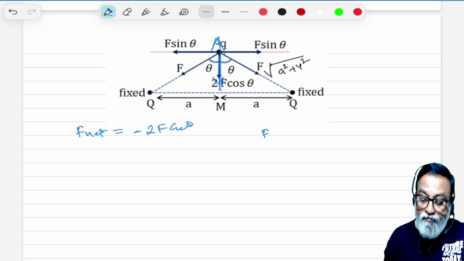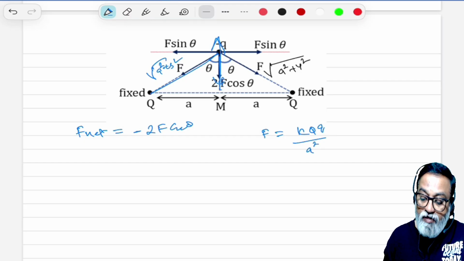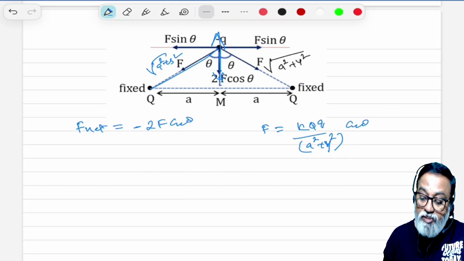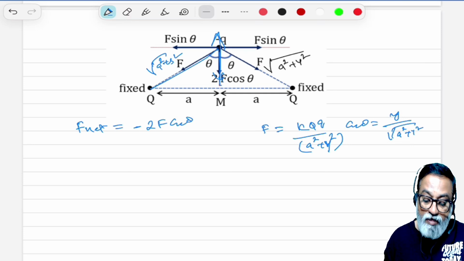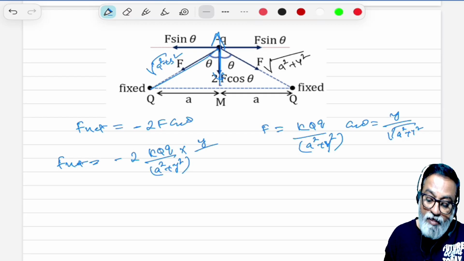Here F is equal to kq·q by the distance squared, where this distance is the square root of a² plus y², so we get a² plus y². And cos theta is equal to y by the square root of a² plus y². Therefore, F net is equal to minus 2F, that is, kq·q by (a² plus y²), into cos theta, that is, y by the square root of a² plus y².